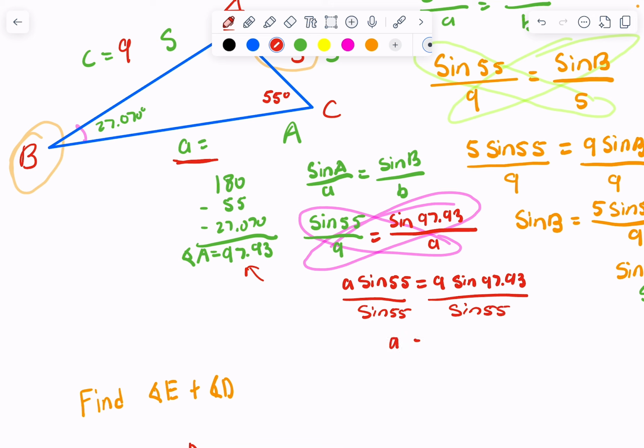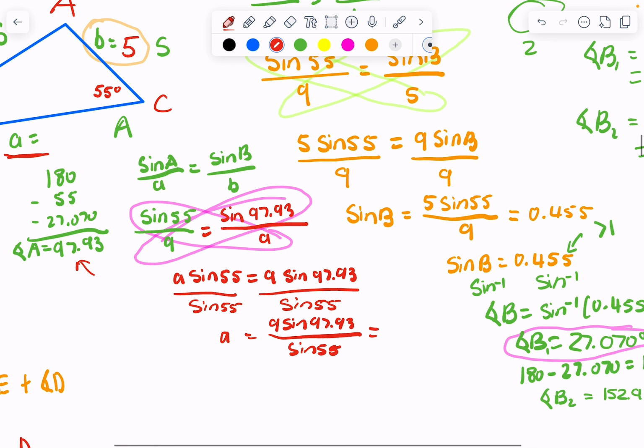a equals 9 sine 97.93 over sine 55, which equals, you're going to plug it into your calculator, 10.882.